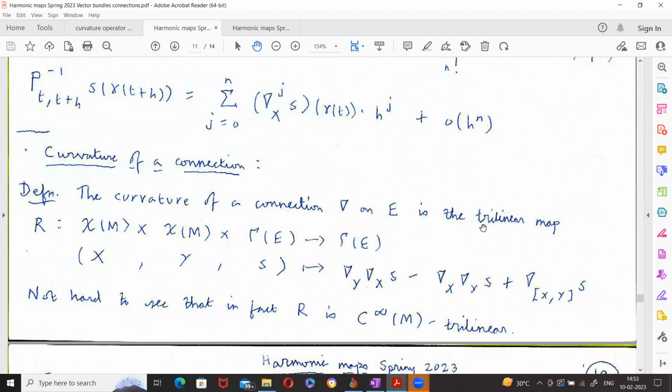First of all, a trilinear map R from chi-m cross gamma E going to gamma E. So that means it takes a pair of vector fields on M, X and Y, and a section S, and it gives me a new section. What is the new section? It is nabla Y nabla X of S minus nabla X nabla Y of S plus nabla sub bracket XY applied to S. Okay.